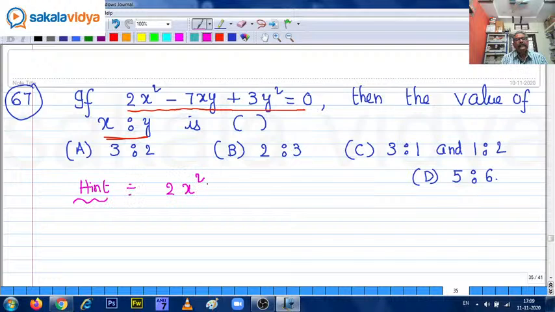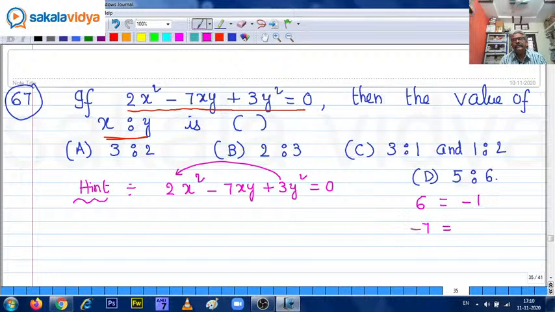If you are able to find the factors of the left hand side, this problem can be cracked easily. Multiply 3 with 2, so you have 6. Product should be 6, sum should be minus 7. What are such numbers? Minus 1 times minus 6, so minus 1 plus minus 6.